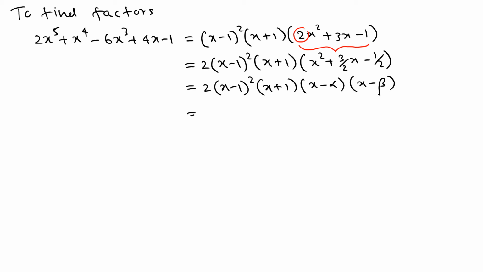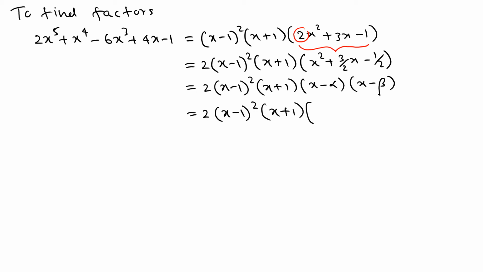So that means we can write this one as 2 times (x minus 1) squared (x plus 1), and then here we're going to subtract. We know that alpha and beta are -3/4 plus or minus square root 17/4. So just pick one. Let's pick the negative one first.